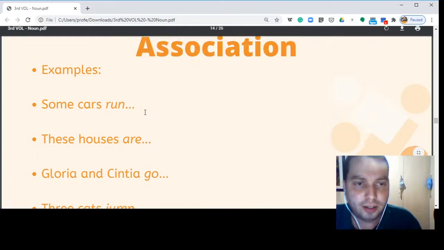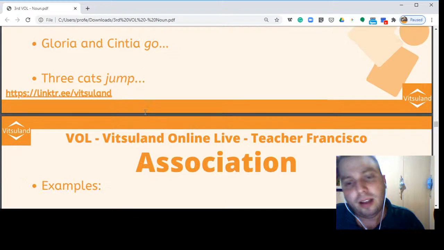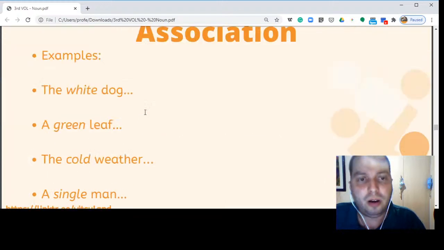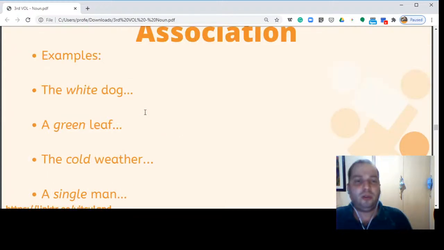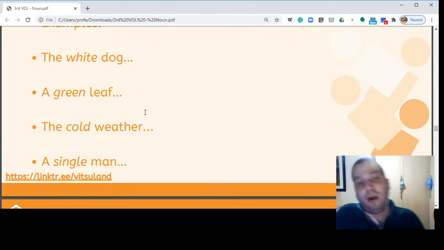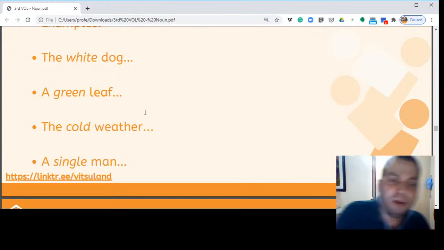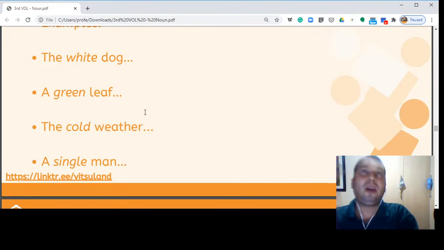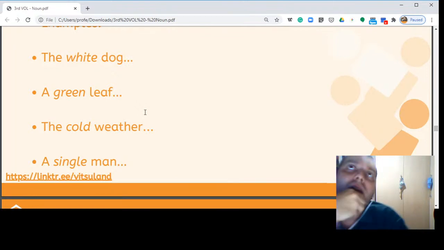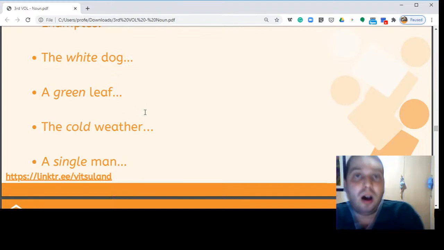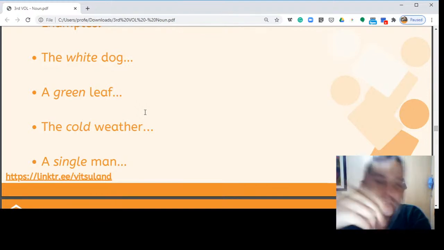So we have these associations, and the third one that we talked about was adjectives. Let's verify here. A white dog, a green leaf, the cold weather, a single man. How can we complete these sentences? For example, the white dog is dirty. Just an idea.